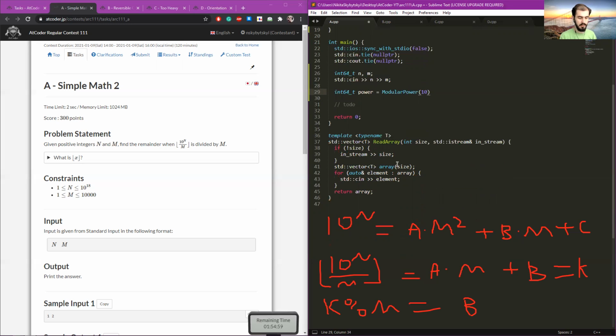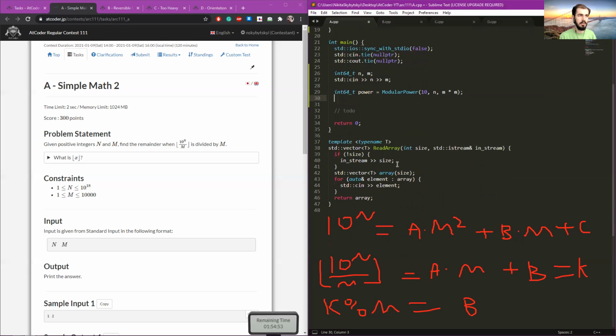So our base is equal to 10, our power is n, and we have modulo m squared, right? And k is what? The power does not include this part, a m squared. So we are left with bm plus c, and we can just divide it by m, right?